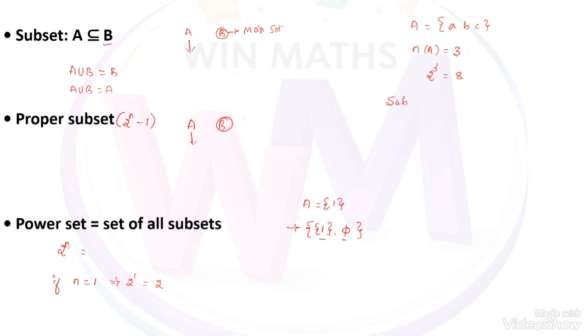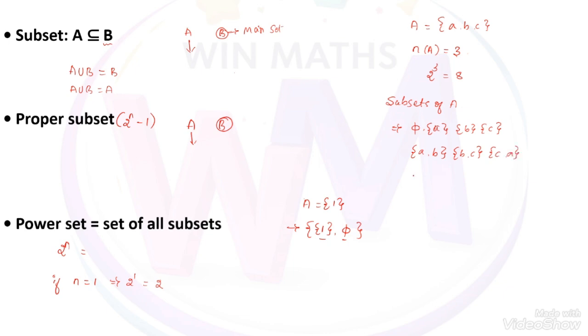So the subsets of A can be written as follows. First one is the empty set. Then the singleton sets: set A, set B and set C. Then the two-element sets: set AB, set BC and set CA.